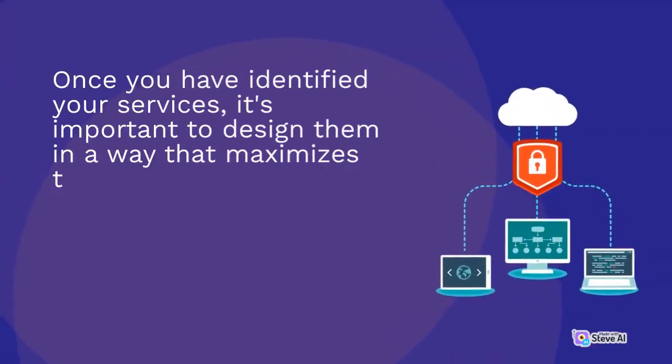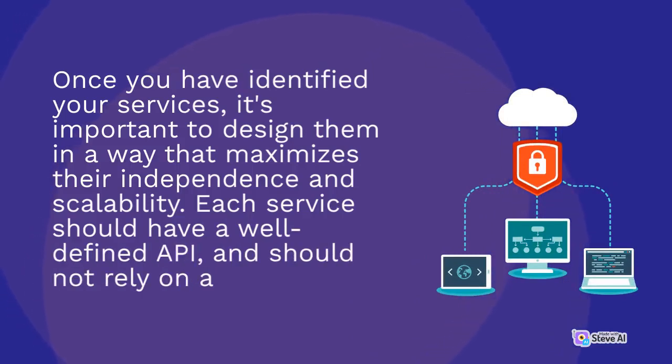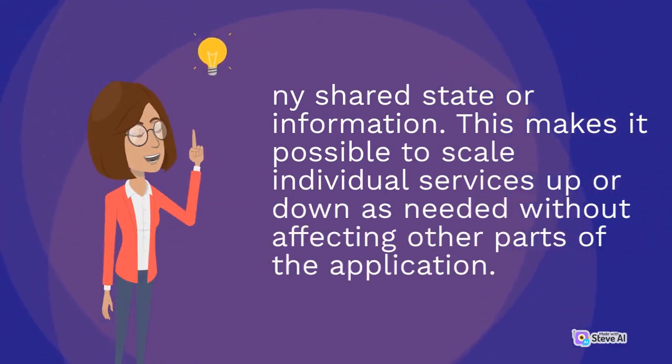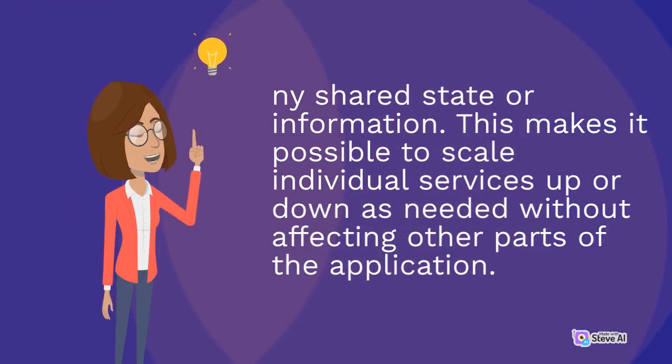Once you have identified your services, it's important to design them in a way that maximizes their independence and scalability. Each service should have a well-defined API and should not rely on any shared state or information. This makes it possible to scale individual services up or down as needed without affecting other parts of the application.